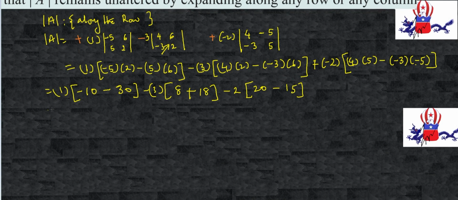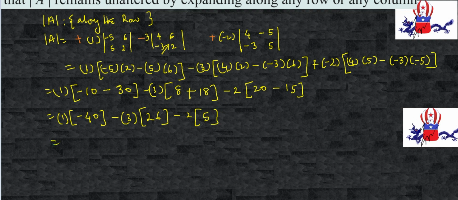So now we simplify this outcome. That's going to be 1, you don't need to write 1, but just for the sake of fluidity I place the value 1 there. Negative 10 added with negative 30 gives negative 40. Now it's 3 of 8 added with 18, which gives 26. And we have 2 there with a negative sign: 20 added with negative 15 gives 5.